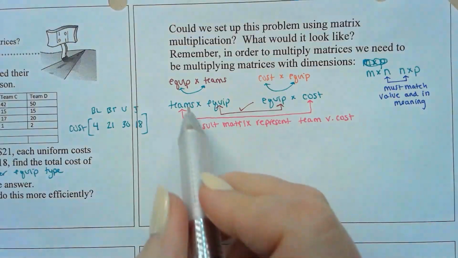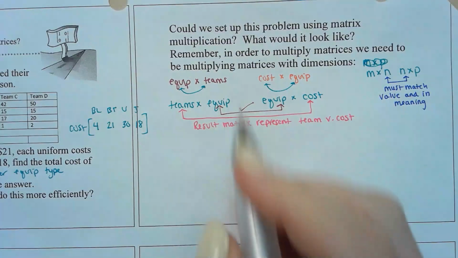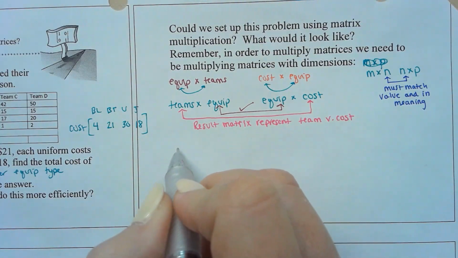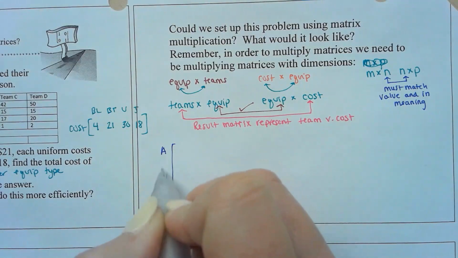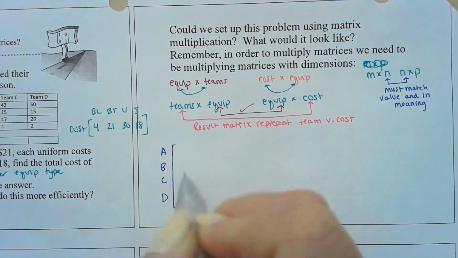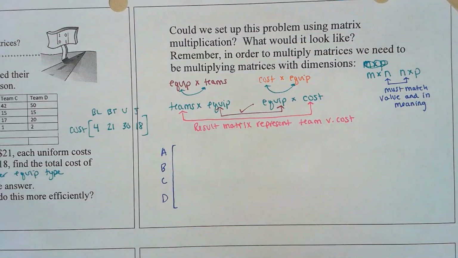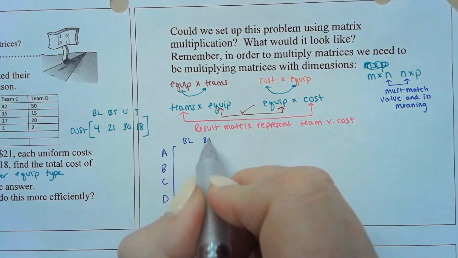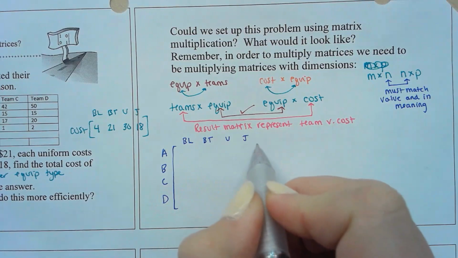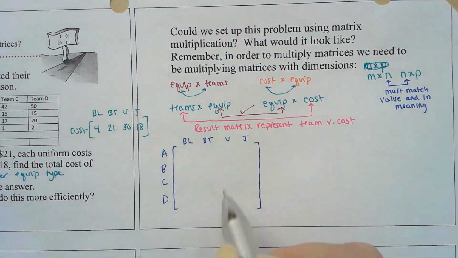All right, so here we go. We're going to do teams by equipment. My teams are my rows, so we're going to have to transpose this matrix. That's a new word. Transpose is when we flip the way it's written. Then we've got balls, bats, uniforms, and jackets, so it's going to be a 4x4.